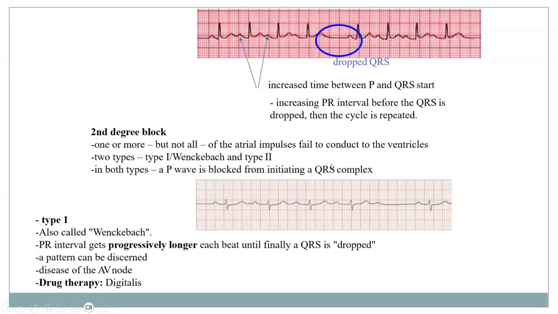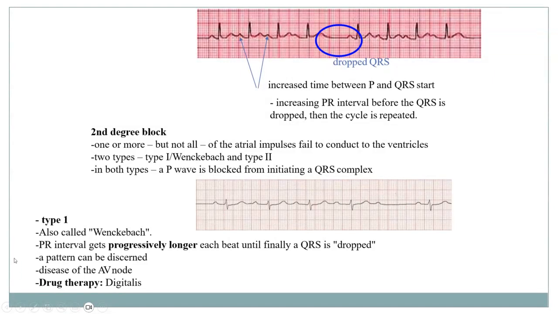So P, QRS, T, then look here, the distance is increasing, increasing, and then you have a dropped QRS.